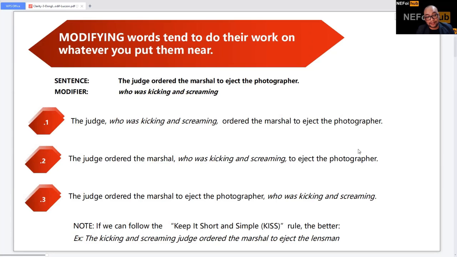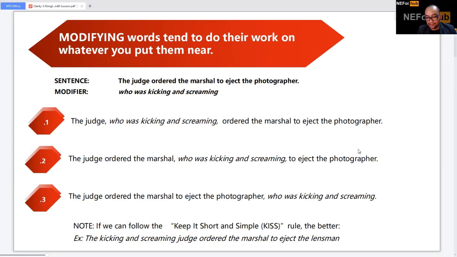As a side note, even though we have already arranged the modifiers with their respective subjects, we can still try to reduce or simplify further. For example: the kicking and screaming judge ordered the marshal to eject the lensman. Lensman is another term for photographer, but letter-wise, it's shorter than the word photographer.